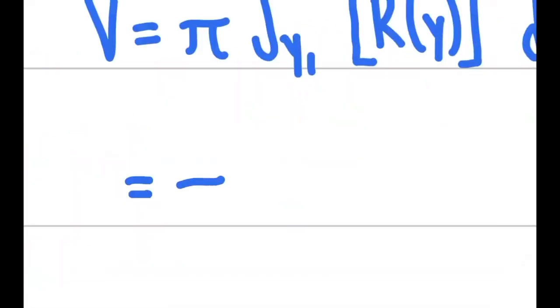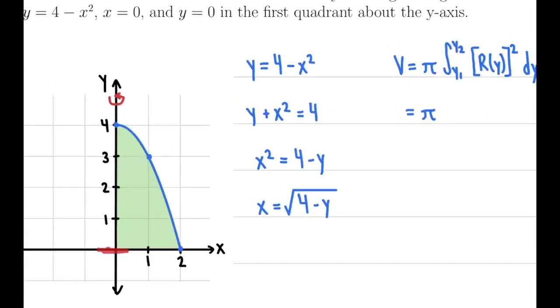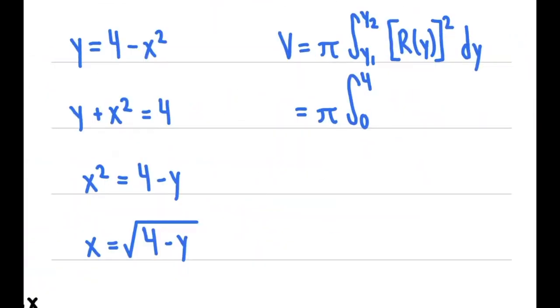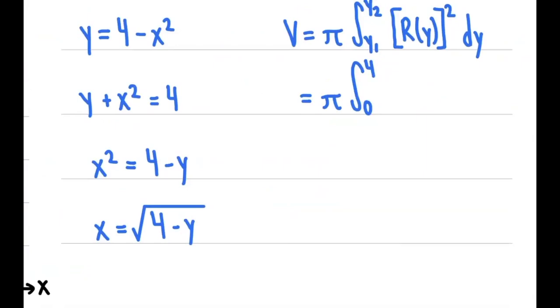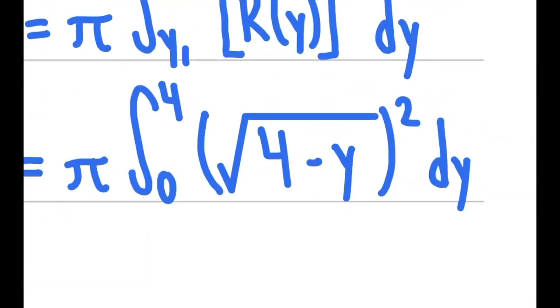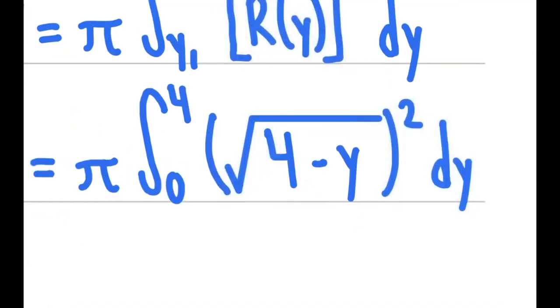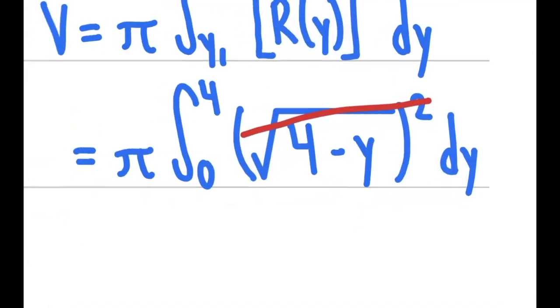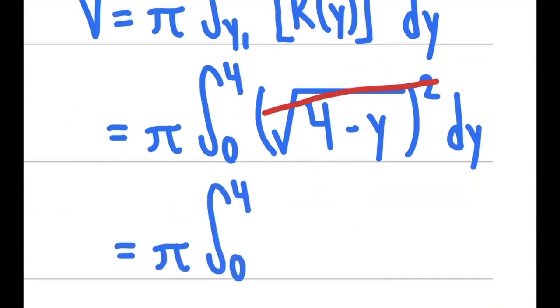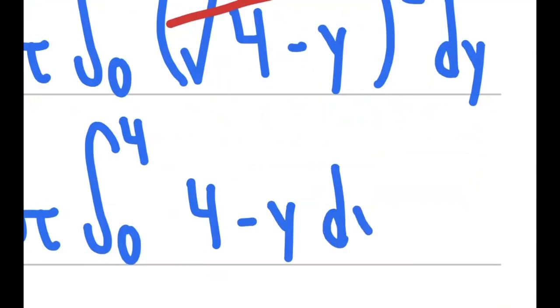This equals pi, and we're integrating from 0 to 4 of r of y, so that's this, squared, dy. Just like last time, the square is going to cancel out the square root. So you're just left with pi times the integral from 0 to 4 of 4 minus y dy.